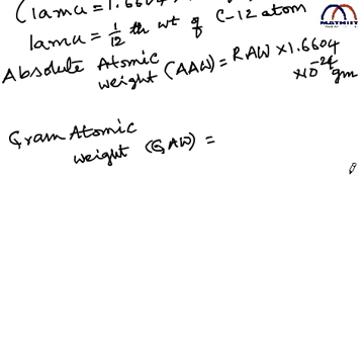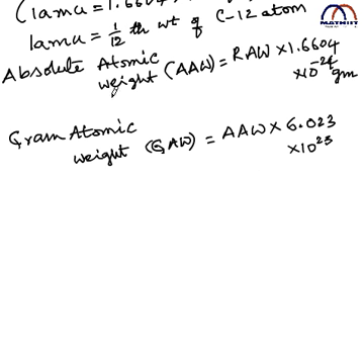What is this gram atomic weight? Take the weight of one atom expressed in grams, the absolute atomic weight, and multiply it by the Avogadro number of atoms, 6.023 into 10 to the power of 23. You will come to know why we take the Avogadro number. Multiplying the absolute atomic weight by the Avogadro number gives the gram atomic weight.